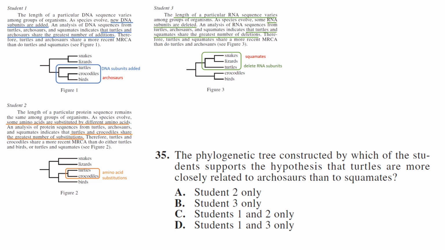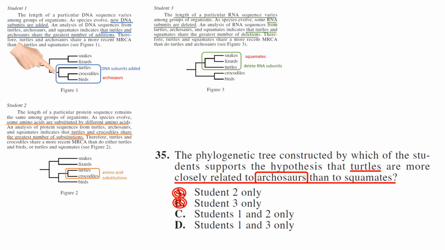Number 35. The phylogenetic tree constructed by which of the students, so we're looking at the trees, supports the hypothesis that turtles are more closely related to archosaurs than squamates. So archosaurs are crocodiles and birds. We do see that in student 1 for sure, but student 1 only is not a choice.